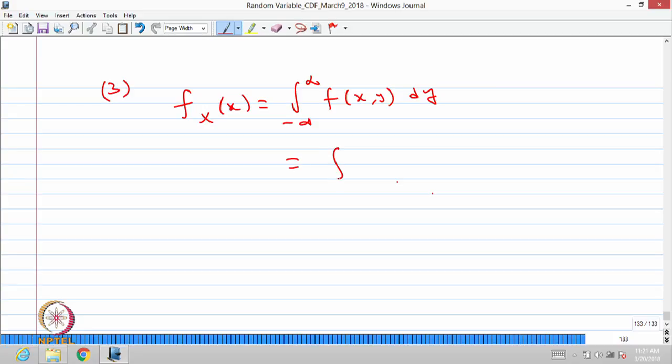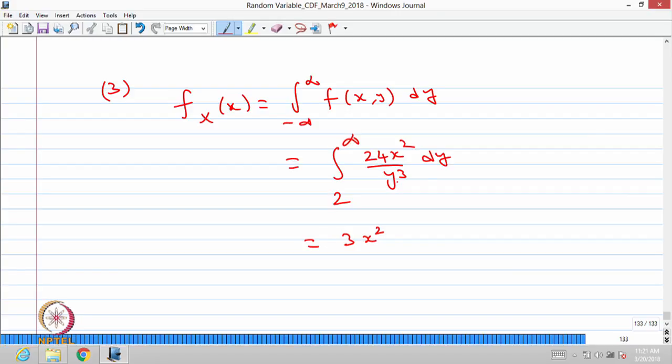Therefore, the integral is from 2 to infinity of 24x square by y cube with respect to y. If you do the little simplification, you get 3 times x square.